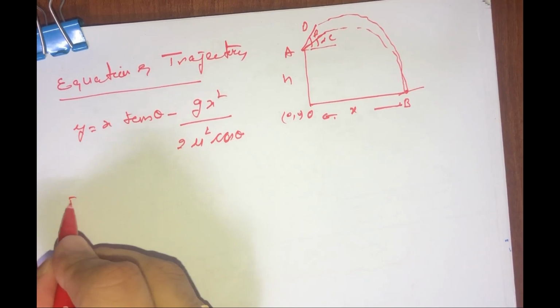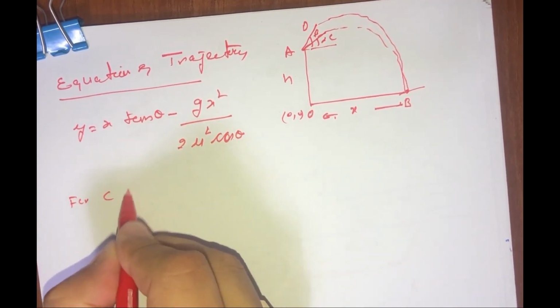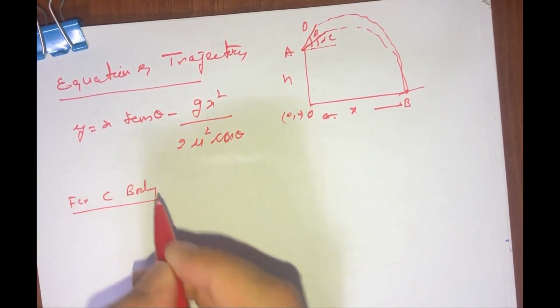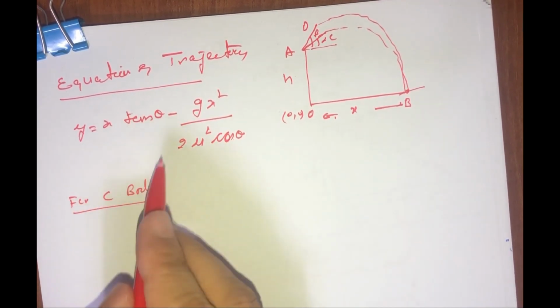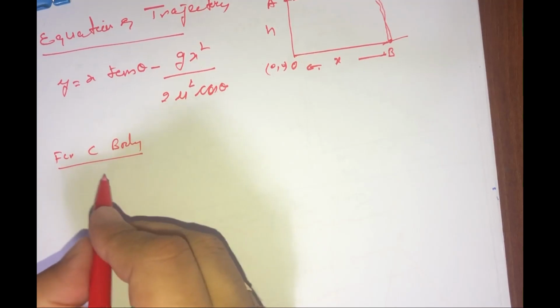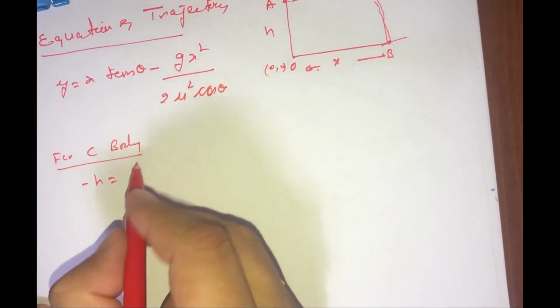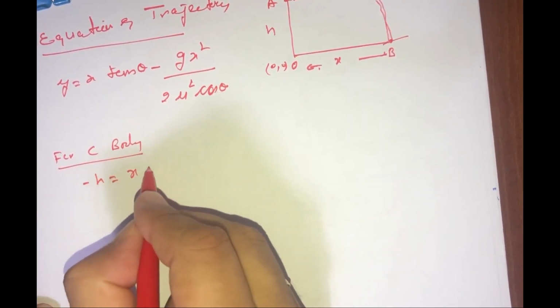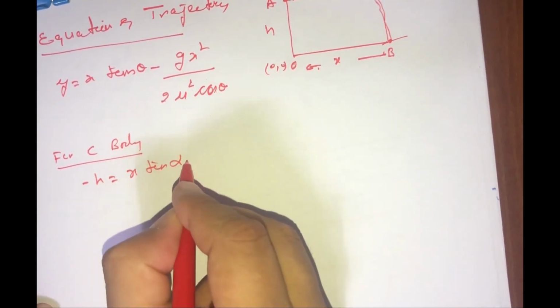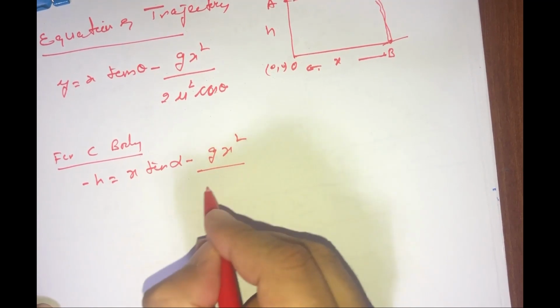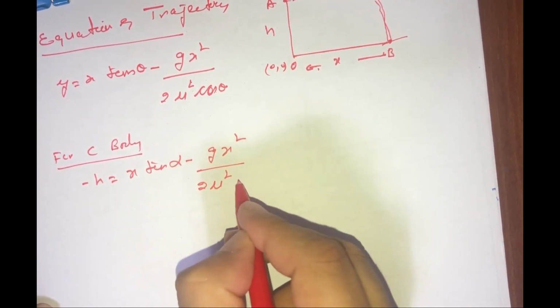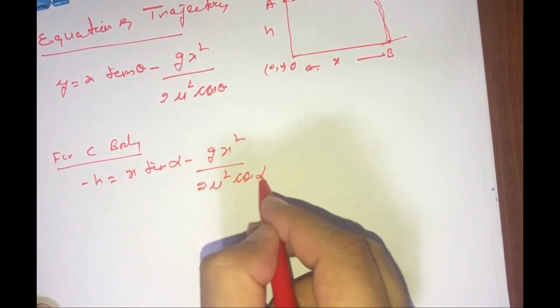For body C, we can write the equation of trajectory as minus h equals x tan alpha minus g x square divided by 2u square cos square alpha.